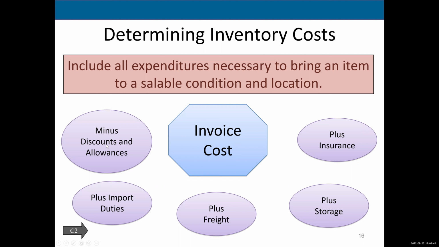So we will reduce it by the early payment discount. Of course, if we returned it or we got an allowance on it, they're giving us something off the price. That would reduce our merchandise inventory.